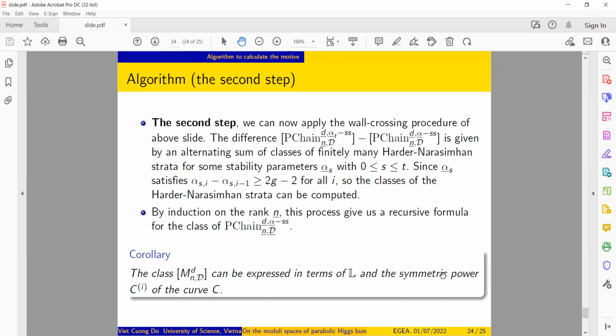I'm sorry that I don't have an explicit formula, but we know how we can make a calculation. For example, we can give this to a computer, and it can make a calculation for genus smaller than 21. For bigger, I don't know.